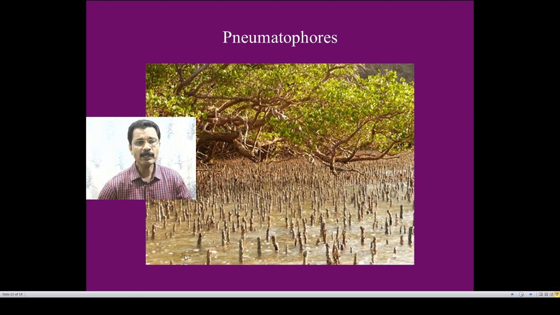So another one, breathing roots. Breathing roots, otherwise called pneumatophores. In mangrove plants, what are mangroves? The plants growing in brackish water, and those plants are living in waterlogged areas.